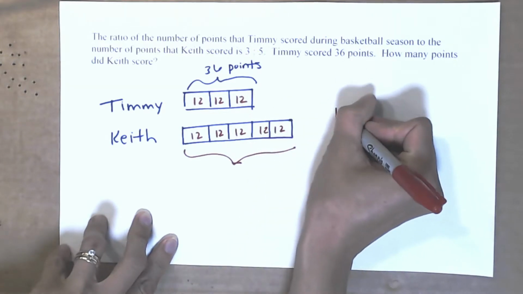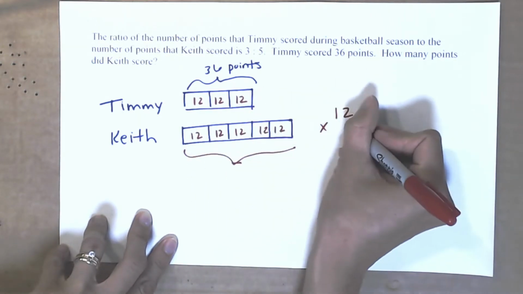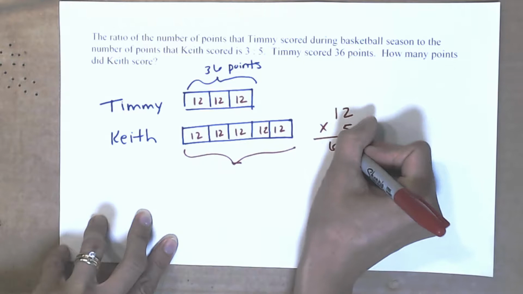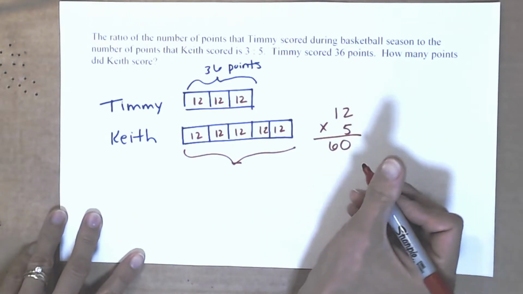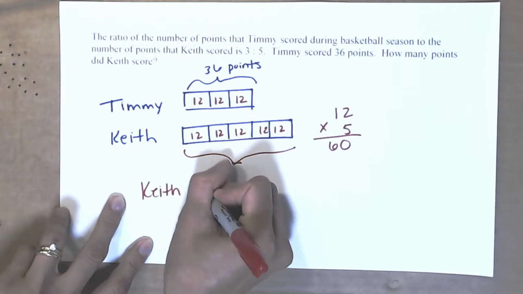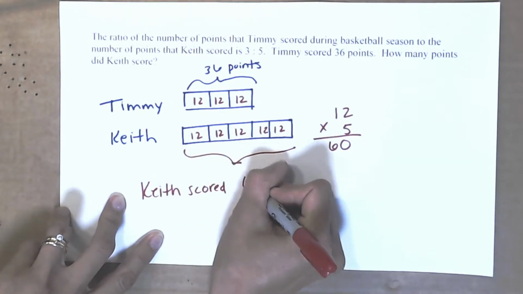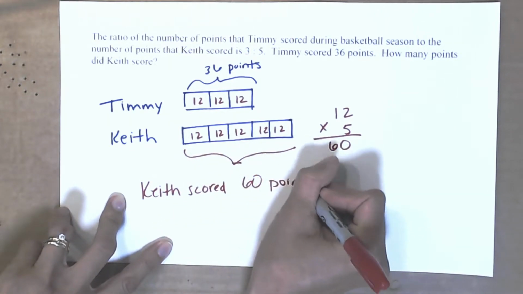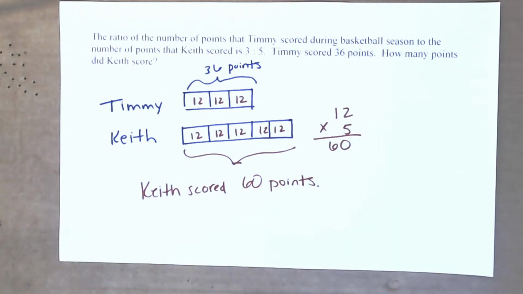So we just do 12 times 5 to get Keith's score. And that's 60. So Keith scored 60 points during basketball season. That's the first question.